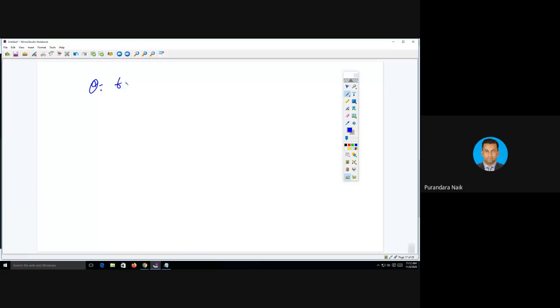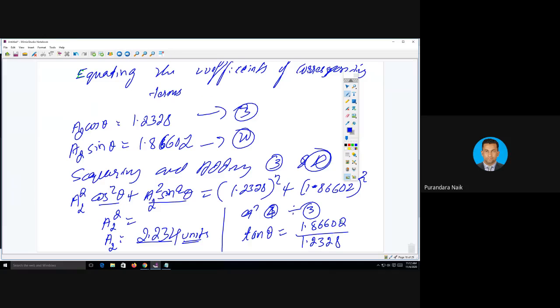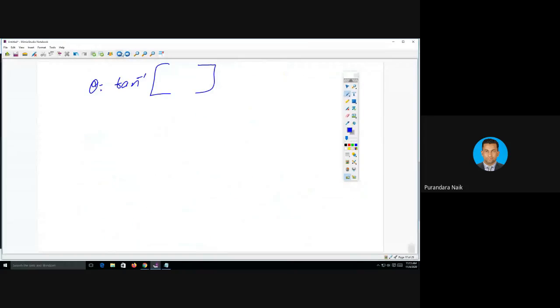Theta is equal to tan inverse of, what is the answer? 1.5136.